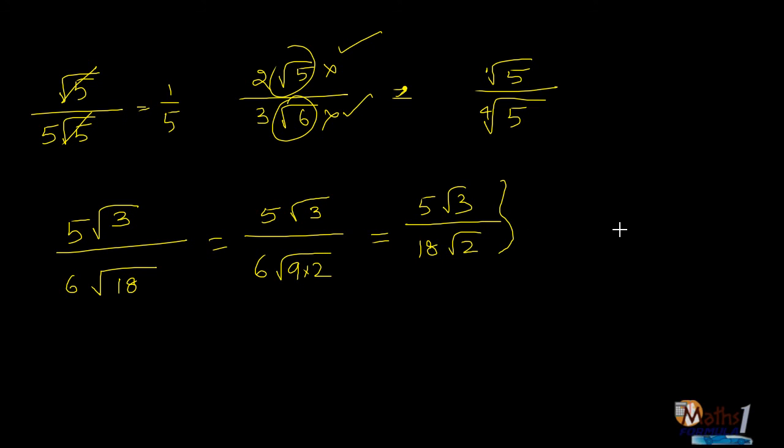Let's look at one more last. So let's see, root 15 divided by root 27. Let's take that. I have intentionally taken some number in this case so that you know different ways of doing that.